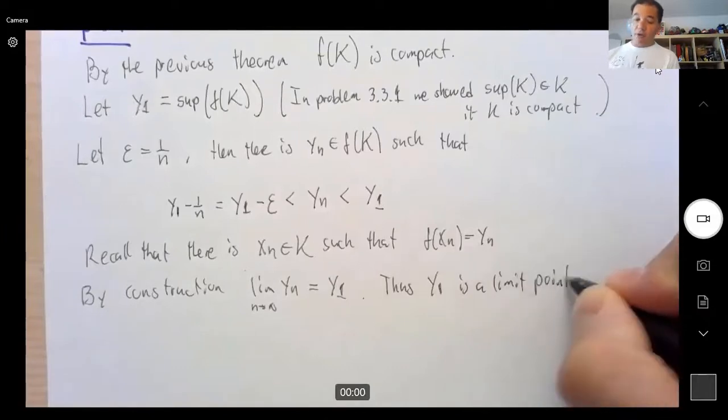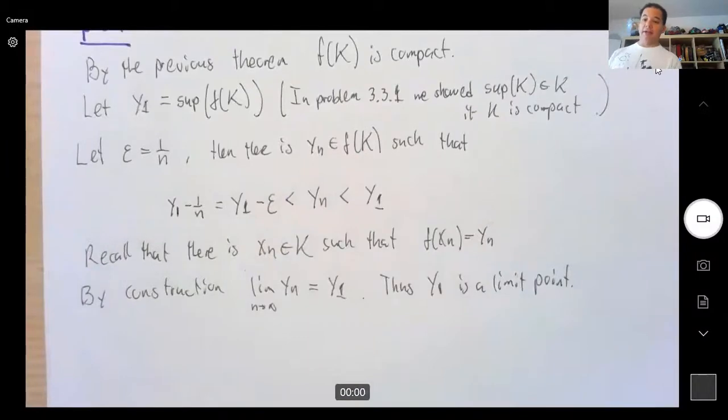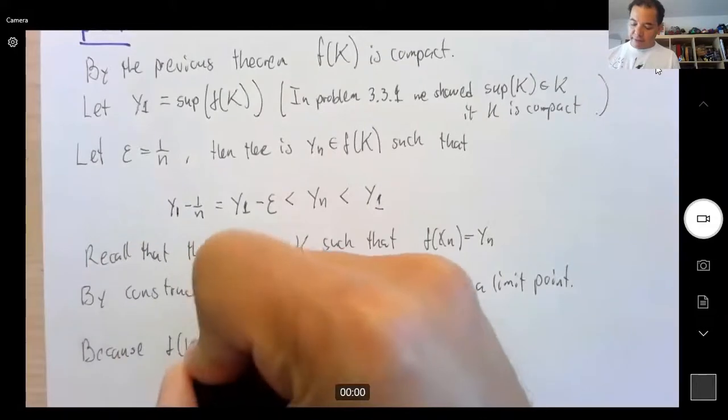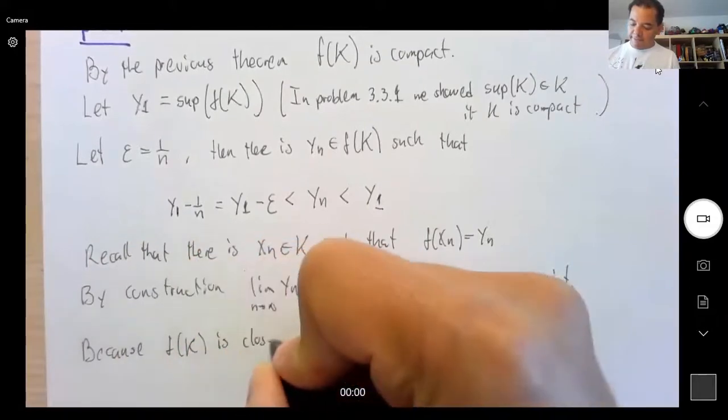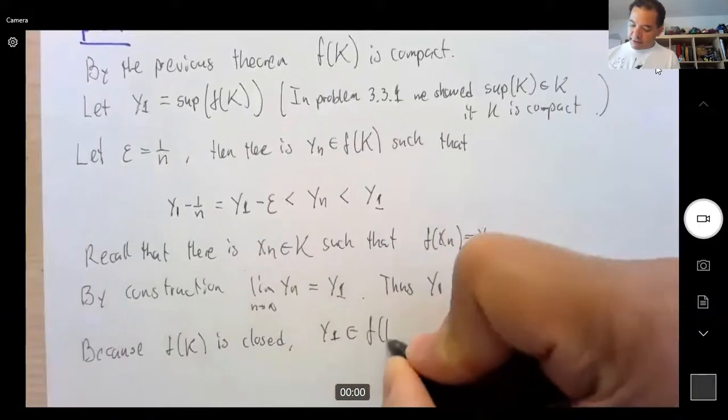And because y1 is a limit point and f of k is compact, in particular it's closed, then a closed set contains all its limit points. Because f of k is closed, y1 belongs to f of k.